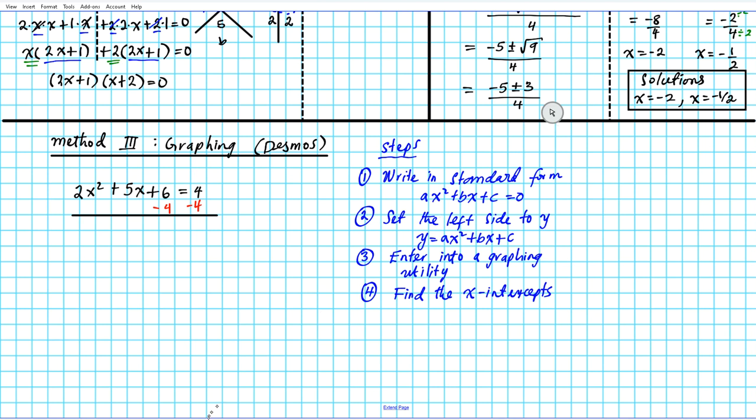When we do that, we're going to get 2x squared plus 5x plus 2 equals 0. Now, we're going to set it equal to y, so we have y equals 2x squared plus 5x plus 2. This is what we're going to put into our graphing utility program.